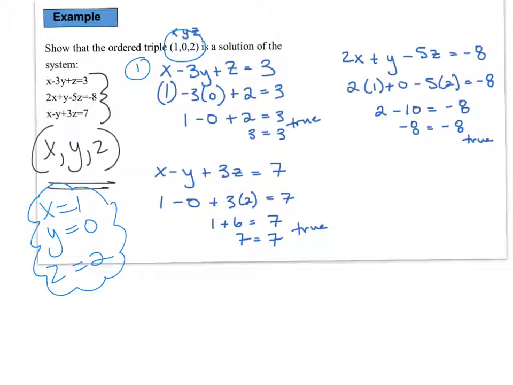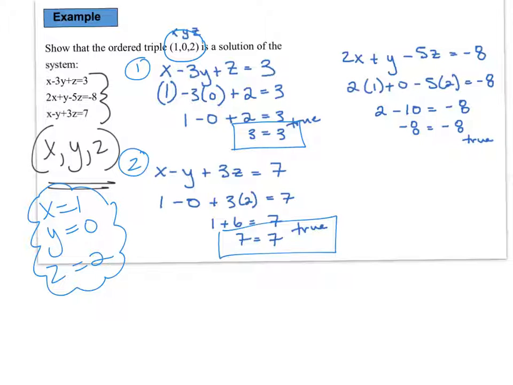Our first equation is here, and you can see that we put the x, y, and z values in, and when we simplify, we get a true statement. So that ordered triple does satisfy the first equation. Looking at our second equation, we again substitute the values of 1, 0, and 2 for x, y, and z, and you can see that the statement is true.